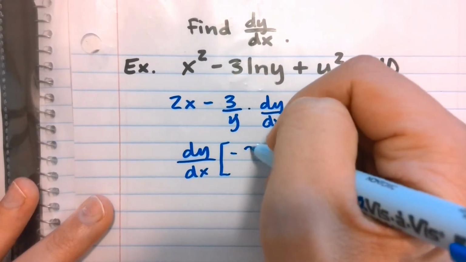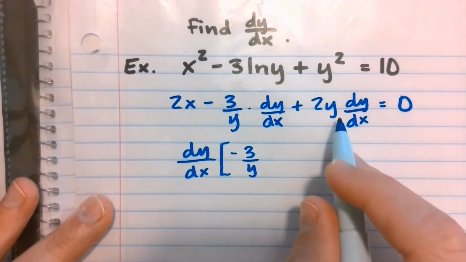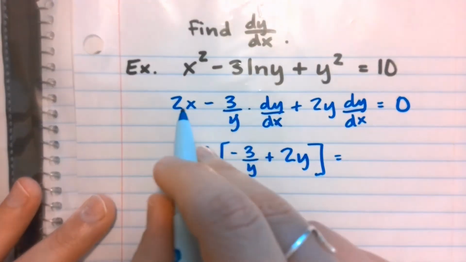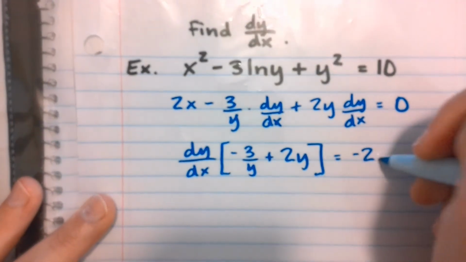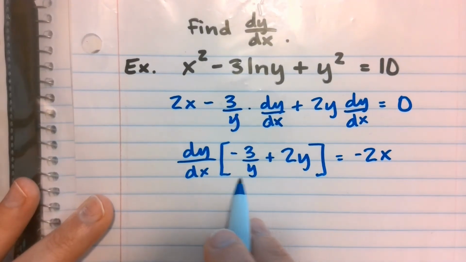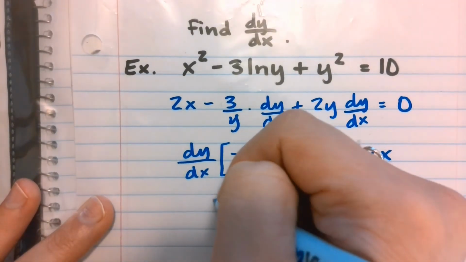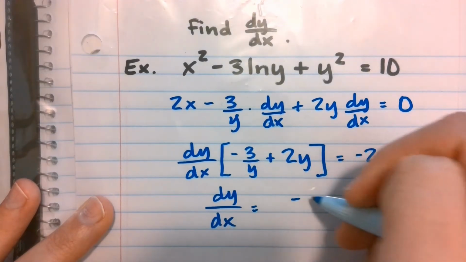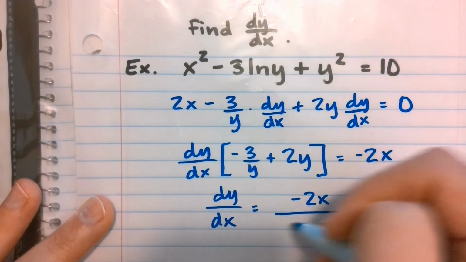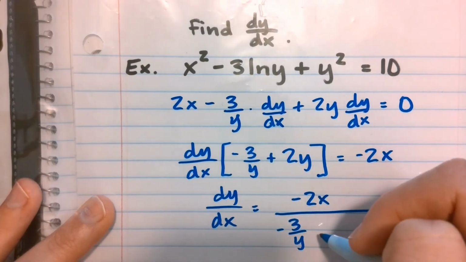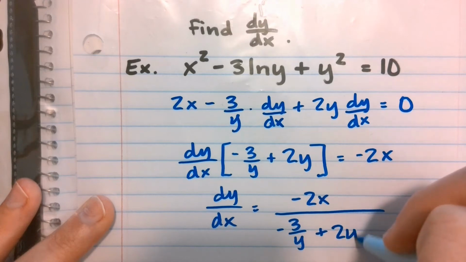So I'm going to have my -3 over y, I'm going to have my 2y, and then I've subtracted the 2x over. And then our last step here is to go ahead and divide by everything that is not the dy dx, so that we get a -2x over a -3 over y plus 2y.